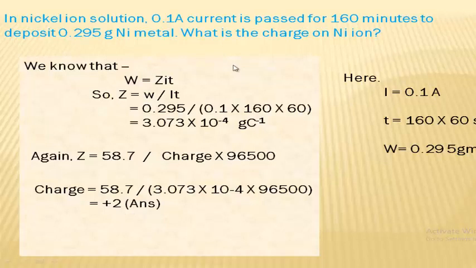So in this way, in different math problems we have to calculate different factors. Sometimes we have to determine the current I, or the value of T, or we have to determine the valency or charge or electrochemical equivalent, etc. But if we understand Faraday's law clearly, then we can easily solve the different problems.